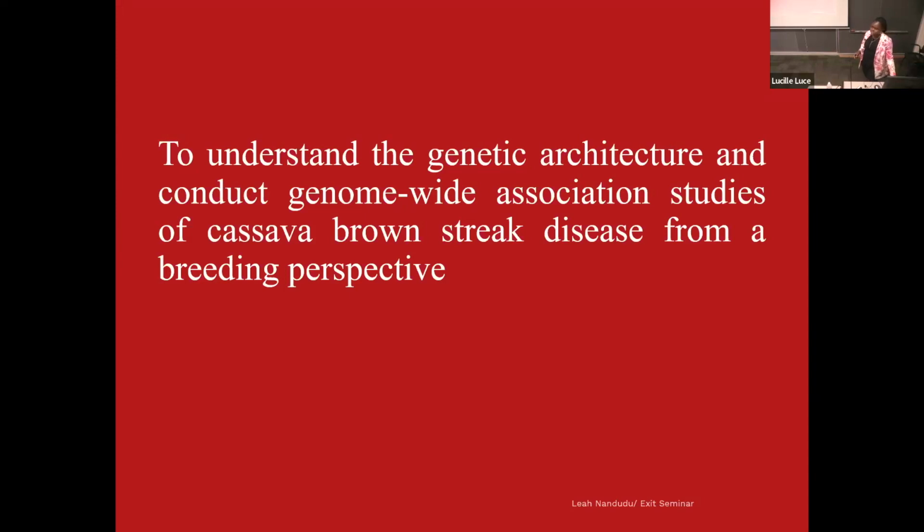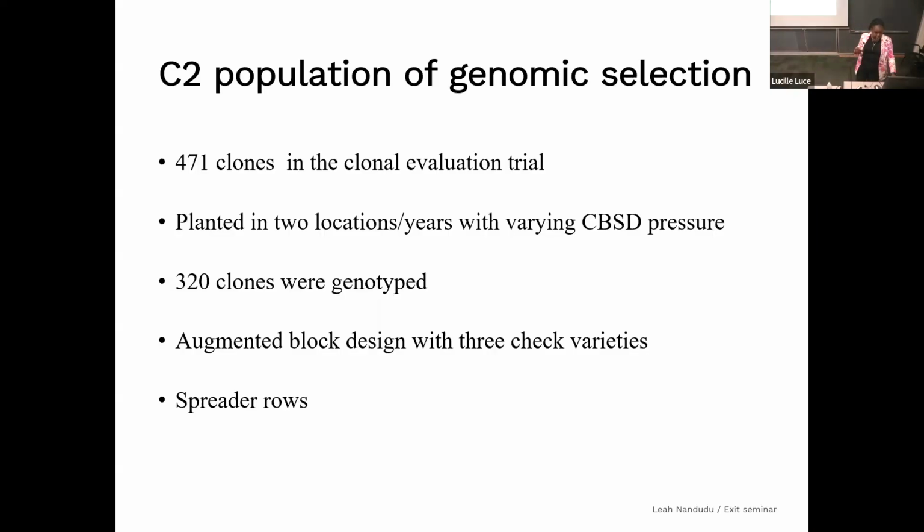So as John Luke mentioned, for the last 10 years, the NextGen Cassava project has been funding cassava research in Africa. And genomic selection was one tool that they promoted for rapid selection and accelerating of breeding. So we have this genomic selection population that was developed in the first years of the NextGen project.